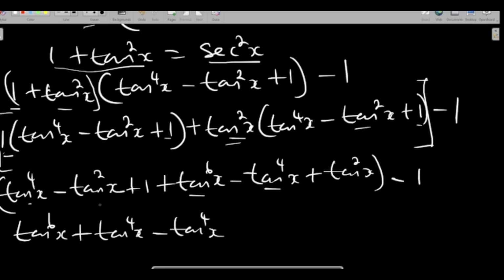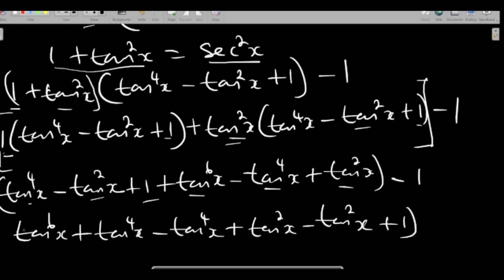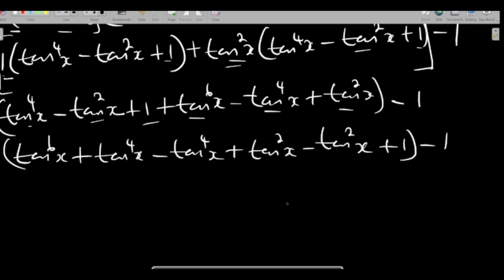And now we have tan squared x minus tan squared x. And here we have our plus 1. And outside the bracket, we have a minus 1. So I didn't change anything yet. I only rearranged them so that I'll be able to collect like terms and simplify the expression.